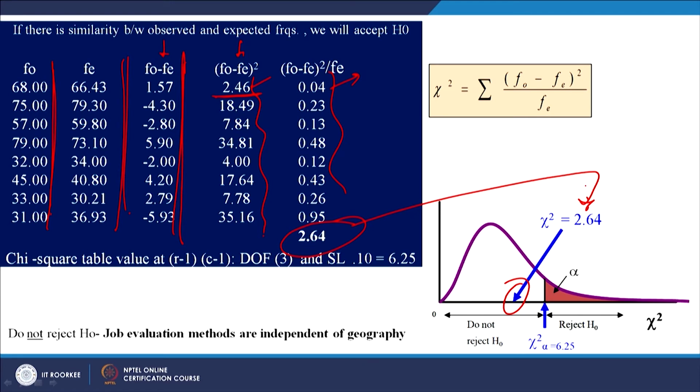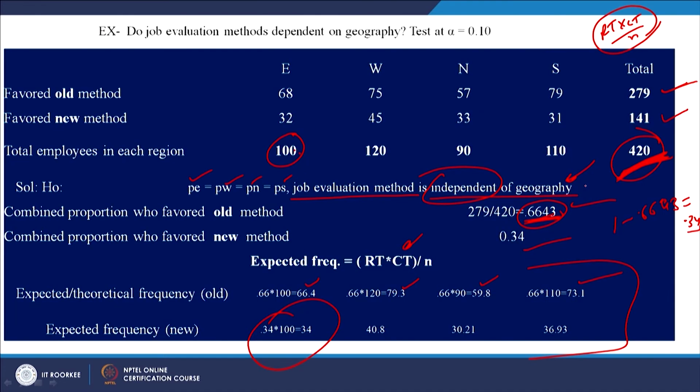Now, you need to look at the chi-square critical value from the table at the appropriate degrees of freedom. So, how many rows and how many columns? There are 2 rows, so rows minus 1, that is 2 minus 1, multiplied by columns minus 1, columns are 4, so 4 minus 1.